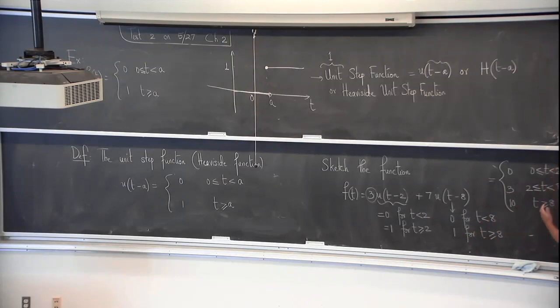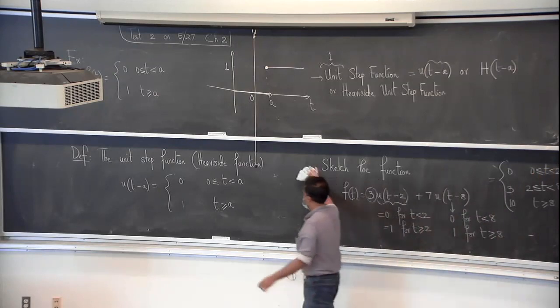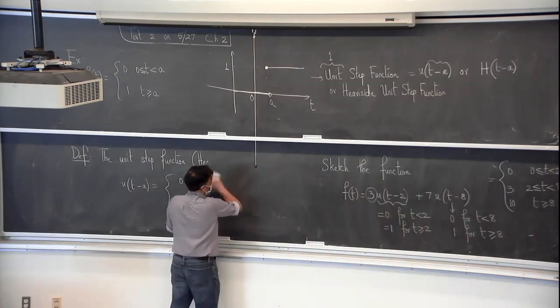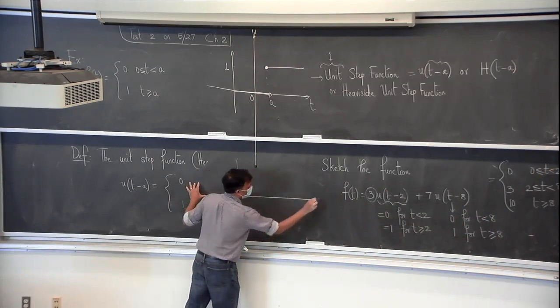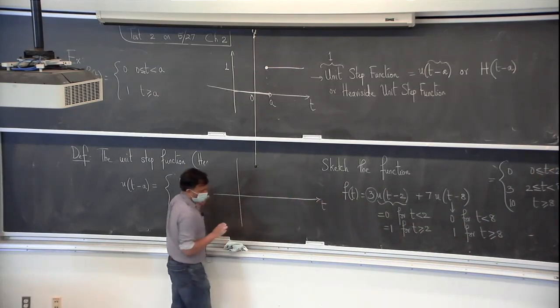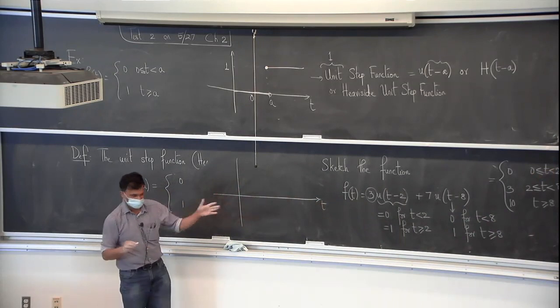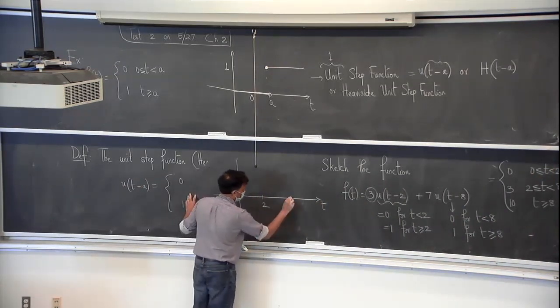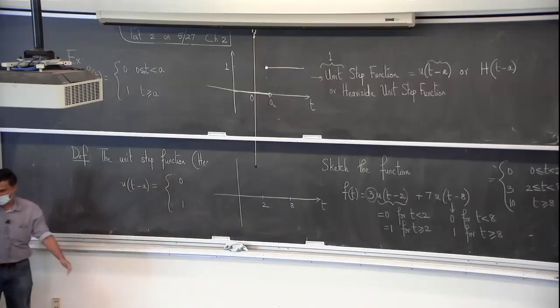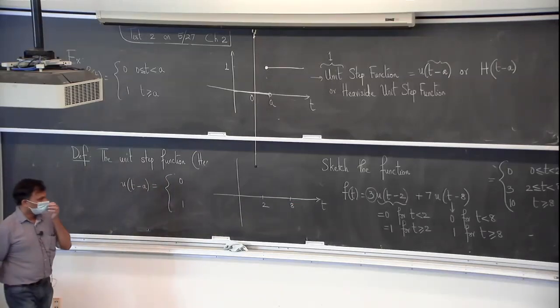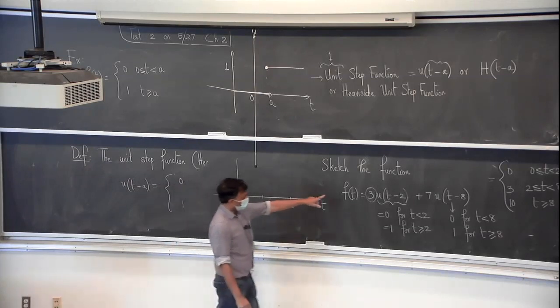Now you can sketch this, because there are 3 pieces: 0, 3, and 10. So the sketch will look like this. This is your t-axis. The breakpoints are 2 and 8. It doesn't have to be drawn to scale, just something that represents 2 and 8. Remember, when you start the problem, there is nothing.